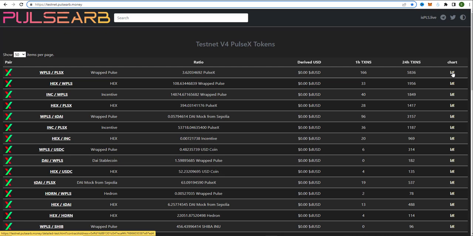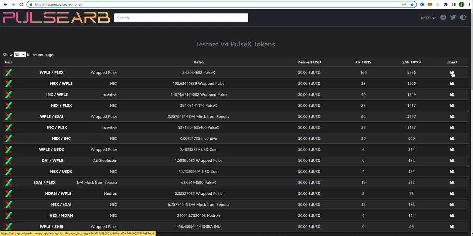So if you were in the PulseX DEX at that point in time, trying to swap your PLSX for PLS, you would be swapping your PLSX for a 3-figure amount of PLS. How will you feel after swapping when the ratio of PLS to PLSX moves from, let's say, 3 to 1 before, to 150 to 1, and you cannot see that it has happened?